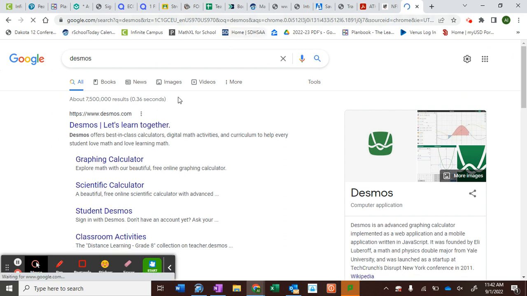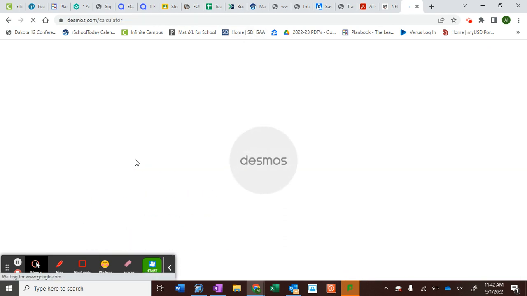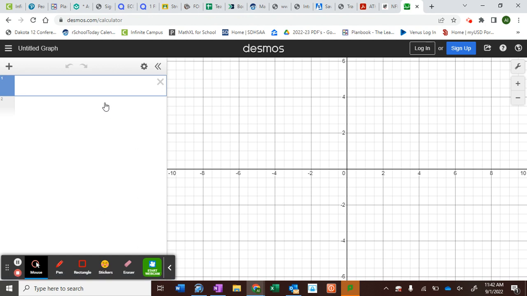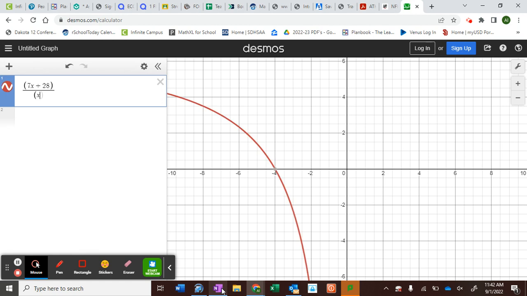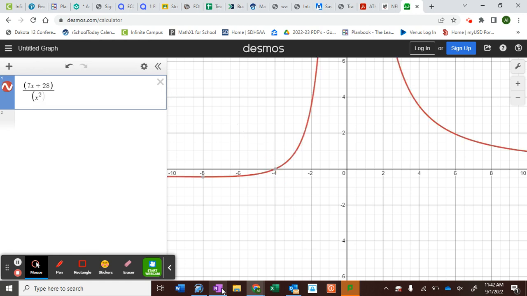If we go to Desmos, what is Desmos? Well, it has a wonderful graphing calculator. If we put in this function, 7x plus 28, I better use parentheses, 7x plus 28 over x squared plus x minus 12.